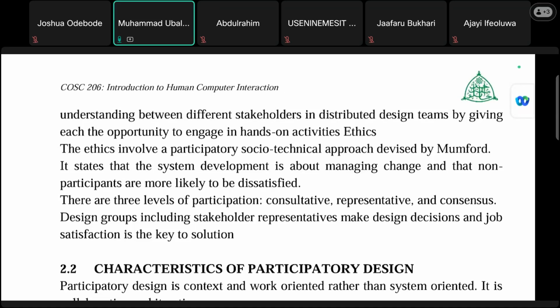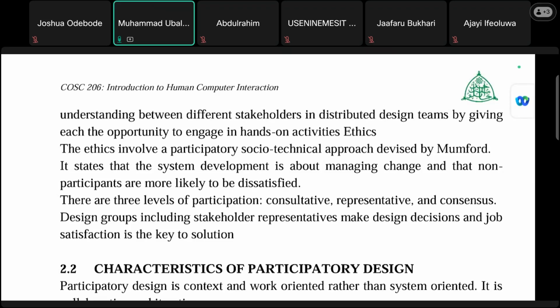And there are three levels of participation. We have the consultative, representative, and consensus. Consultatives are basically experts in a particular area, while representatives are users who are representing a particular unit or department or aspect within the system.